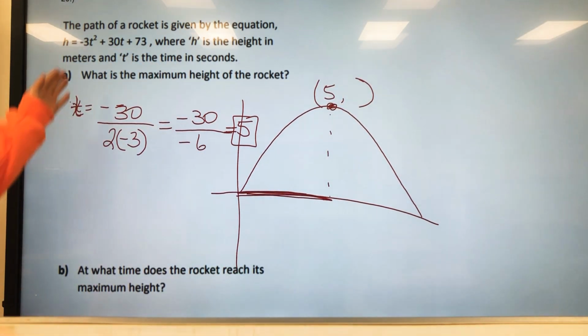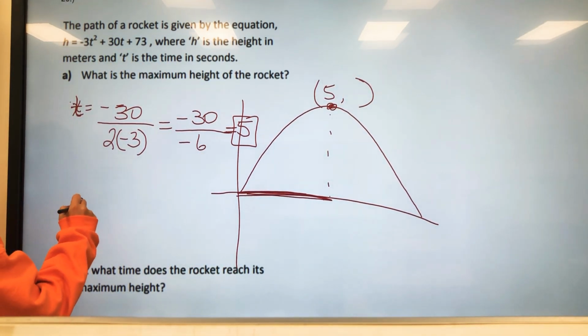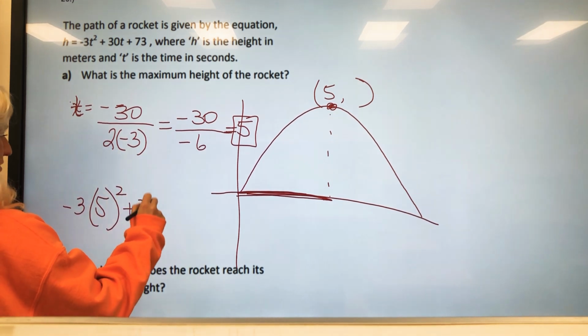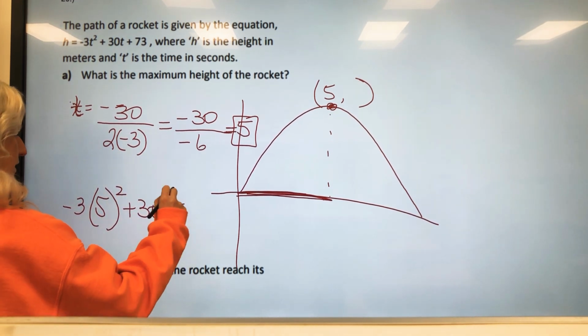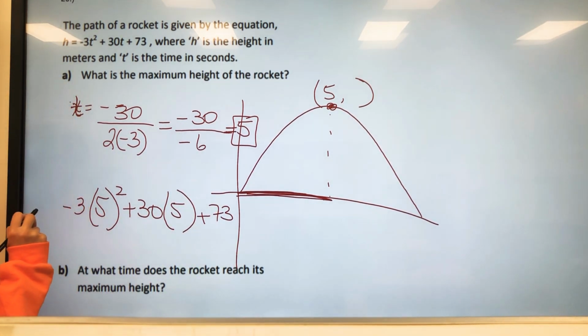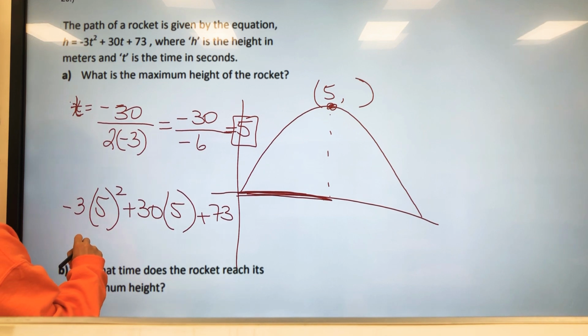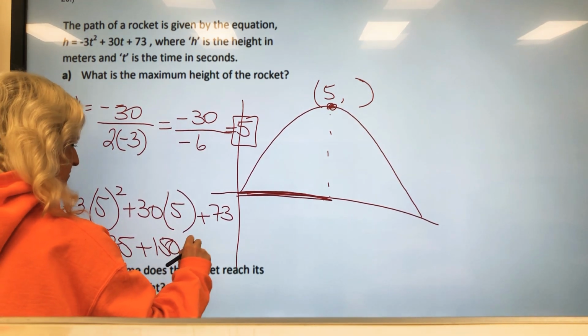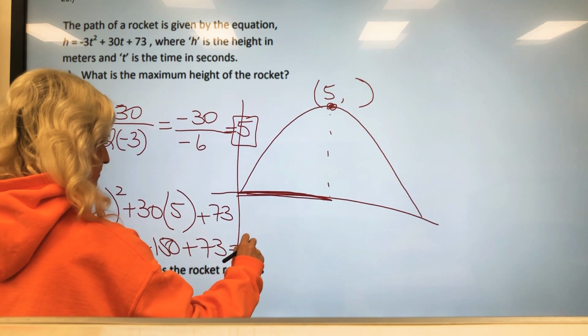Okay, and then we're going to plug 5 in, so that's negative 3 times 5 squared plus 30 times 5 plus 73. So this is negative 75 plus 150 plus 73, so that's 148.